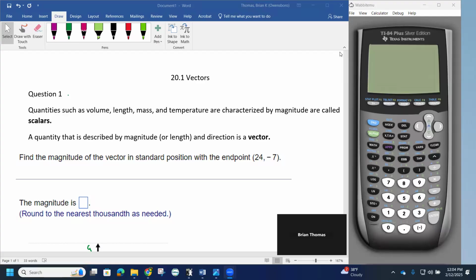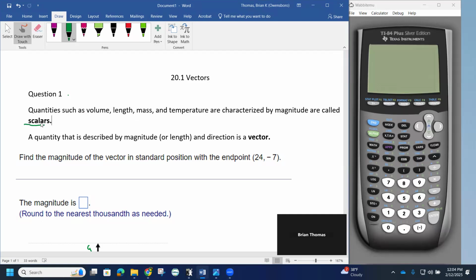As we move into chapter 20, there's a special topic called vectors. Most of the math we've done, quantities such as volume, length, mass, temperature, are characterized by what's called a magnitude, which we also describe as scalars.